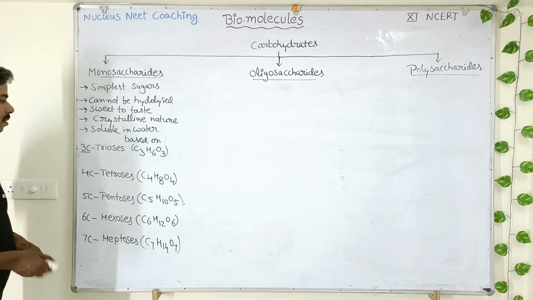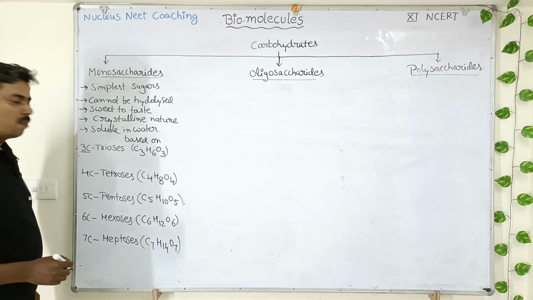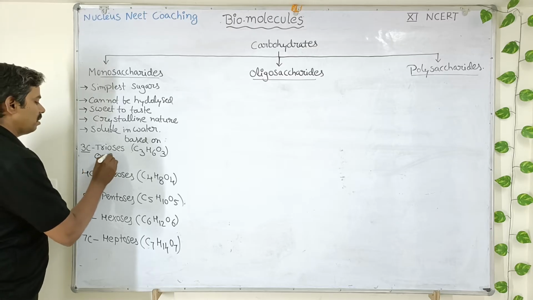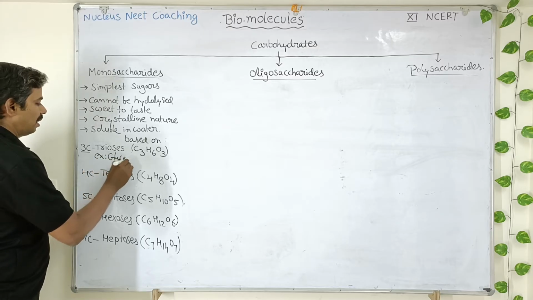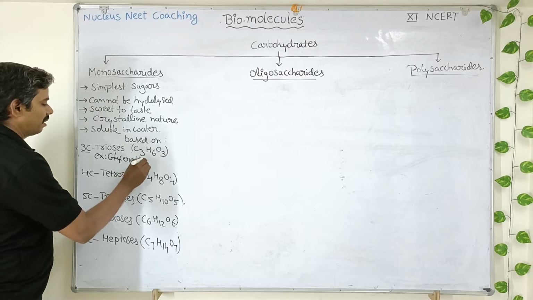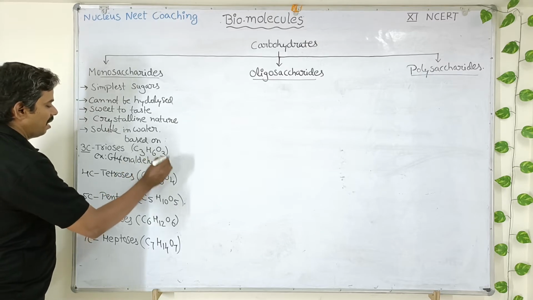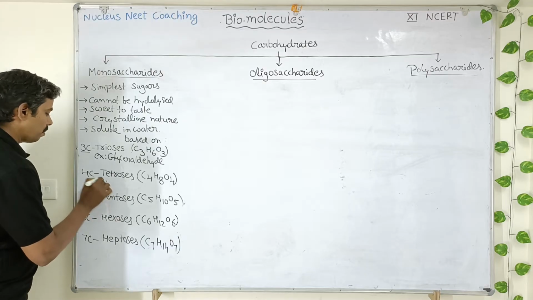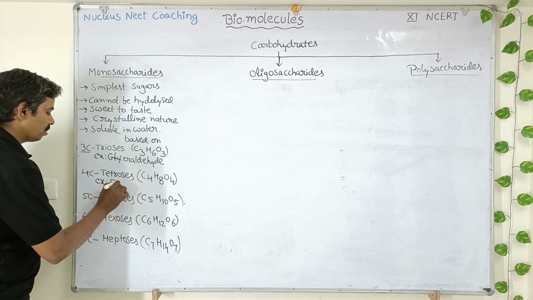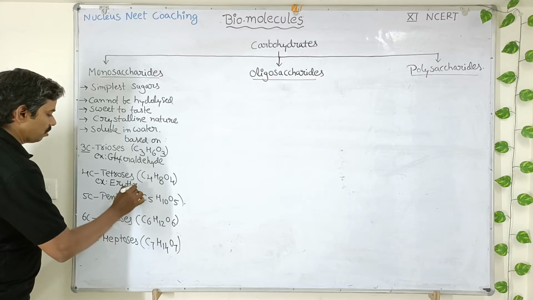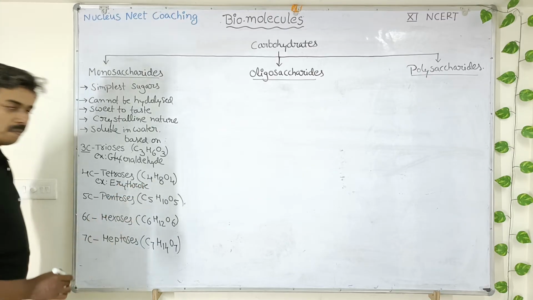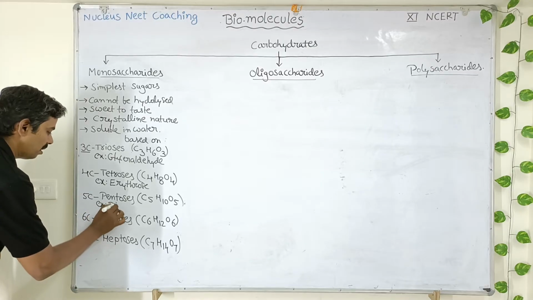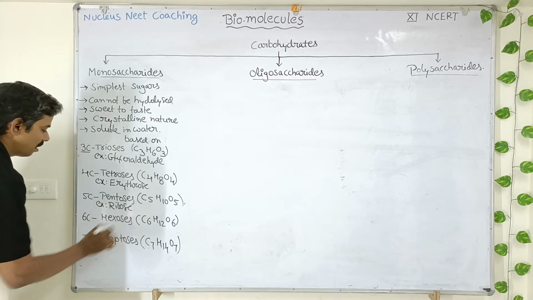Now let us see examples of these different types of monosaccharides. An example of a triose is glyceraldehyde, a 3 carbon sugar. An example of a tetrose with 4 carbons is erythrose. An example of a pentose is ribose, which is present in nucleic acids.